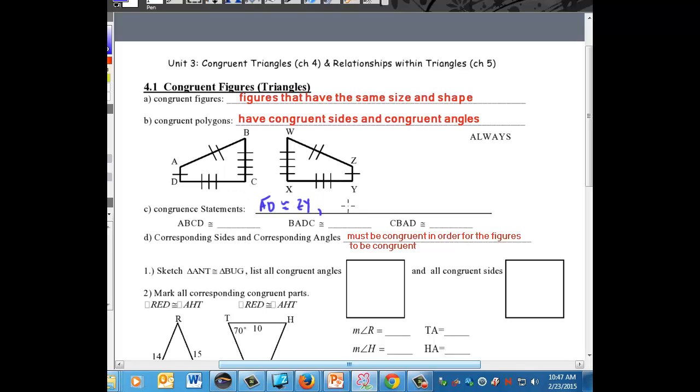Then I can also say that segment AB is congruent and equal to segment DW. Then let's look at our four marks. I can say segment BC is congruent and equal to segment WF. And I'm forgetting one more, I think on the bottom, right? So I can say that segment DC is congruent and equal, if I go DC, I would have to go YX.